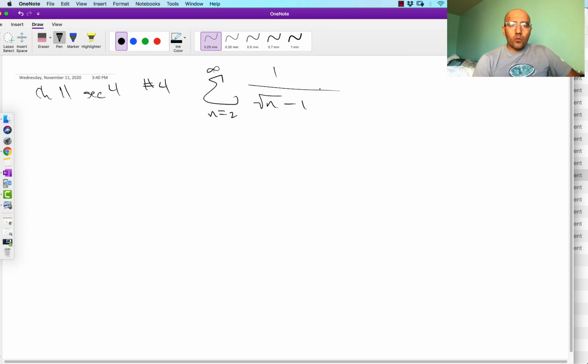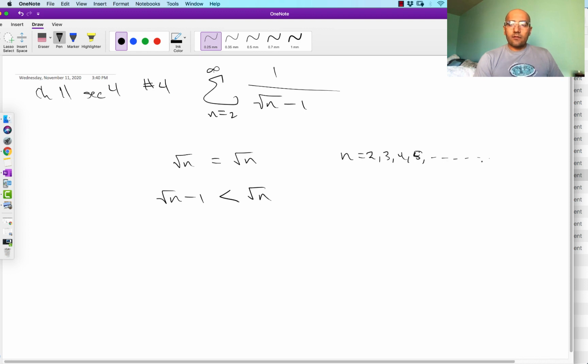So what do we want to compare it to? It seems like the simplest thing to do is to compare it to 1 over root n. So note that root n minus 1 must be smaller than root n, and that's for n equal to 2, 3, 4, 5, and so on and so forth.